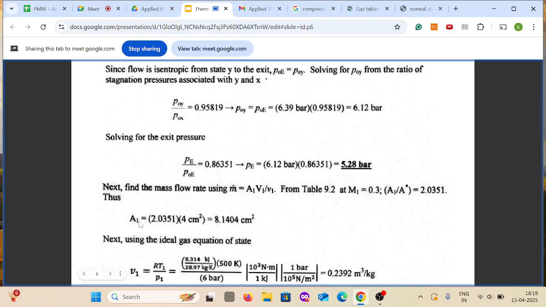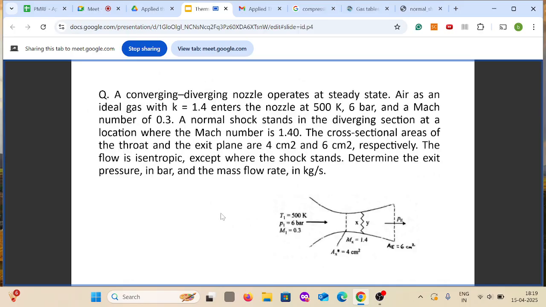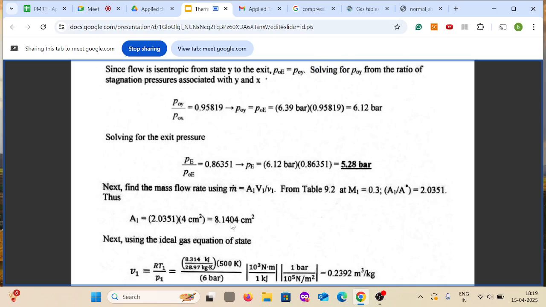So area at the inlet is 2.0351 into 4 centimeter square, which is the throat area. So it gives you area as 8.1404 centimeter square, which is the area at the inlet.